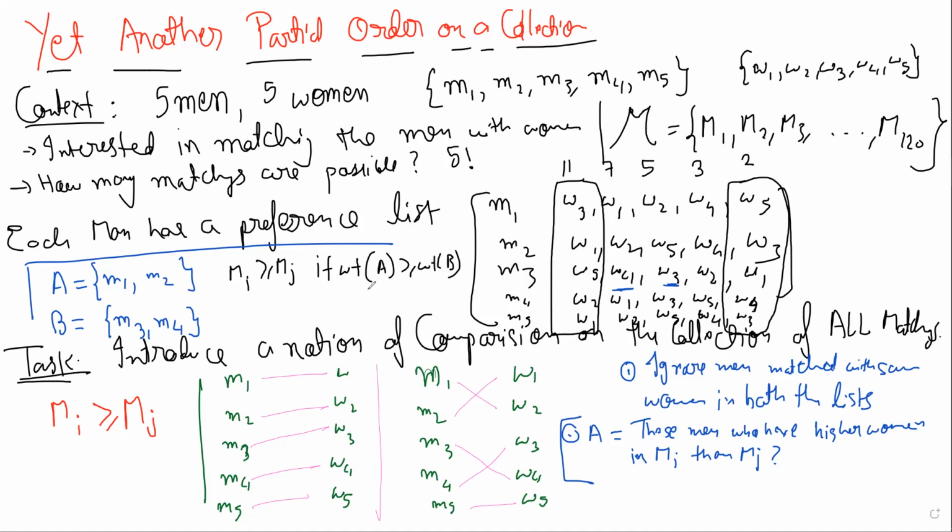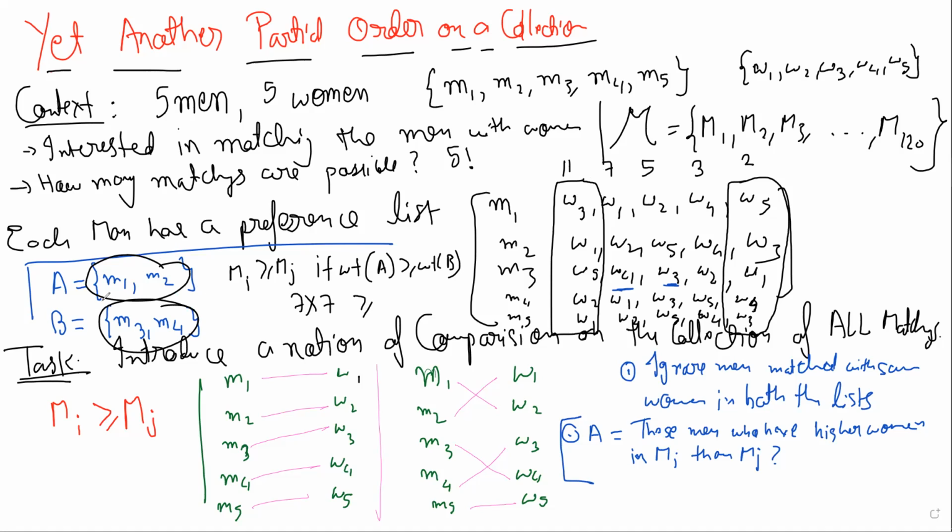And so weight of A will be M1 and M2. So M1 is matched with W1, and W1 is 7, so weight will be 7. And then M2 is matched with W2, and for M2, W2 is again second, so it's again 7. Is that right? That's the weight of A. But you see, the problem is that you're giving the weights to the positions actually, right? But then in A and B, the positions may end up being the same. May end up being a permutation. The men are different, right?